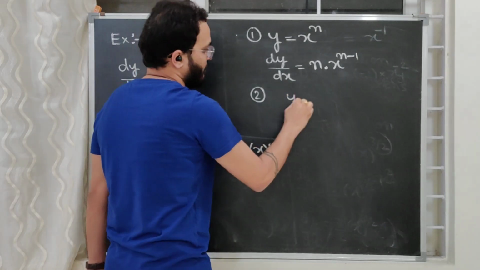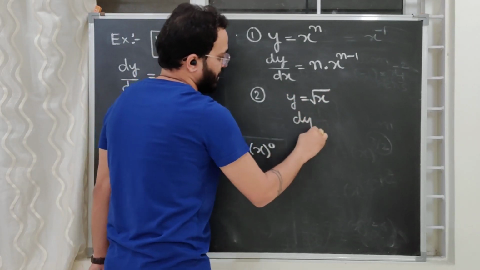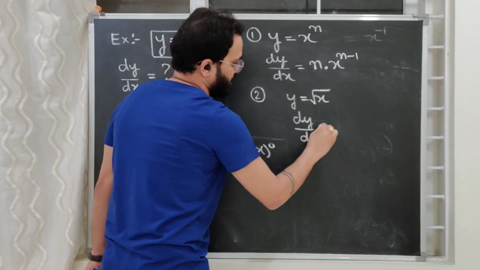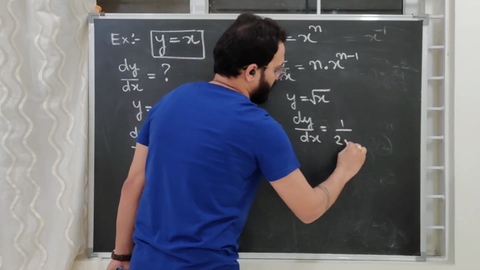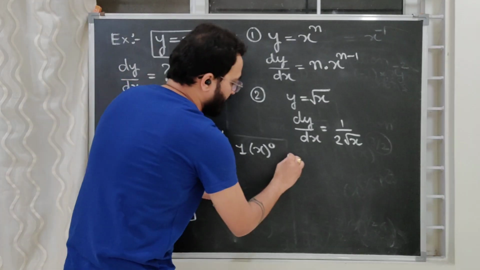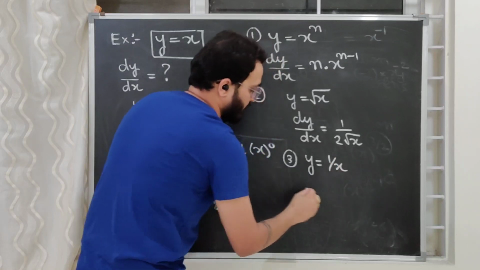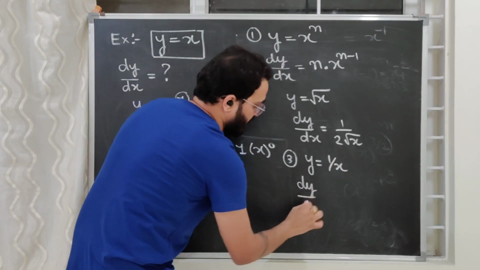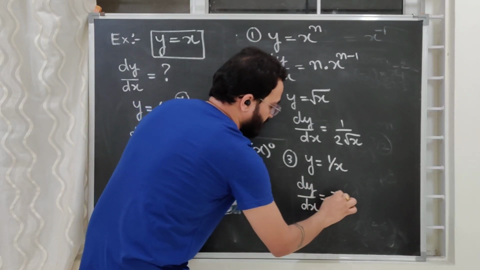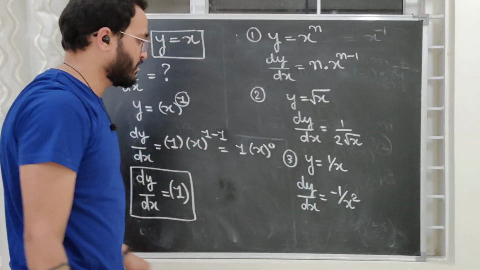Second point is, if y is equal to root x, then dy by dx will be 1 by 2 root x. This you need to remember. Third is, if y is 1 upon x, then dy by dx is minus 1 by x square. This you need to remember.